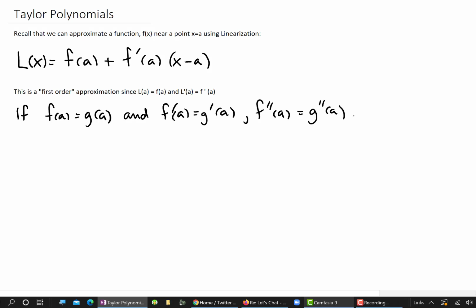If this continues all the way up to the nth derivative at a being equal to the nth derivative at g, then we say these two functions agree with each other. They have such similar characteristics that they agree to order n at x.